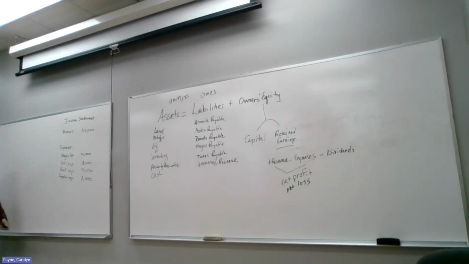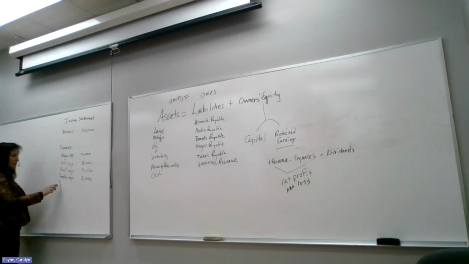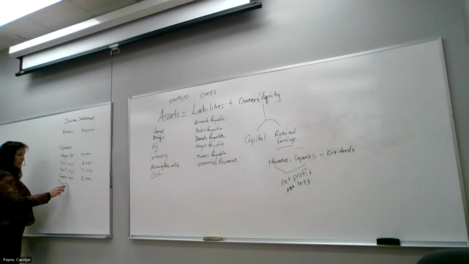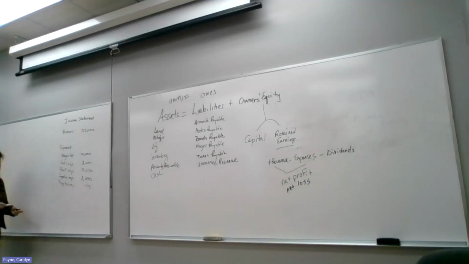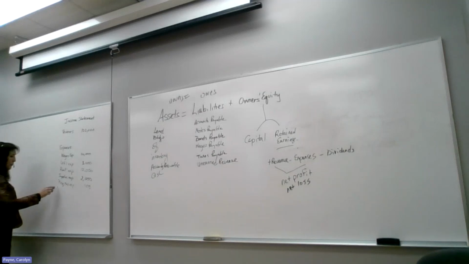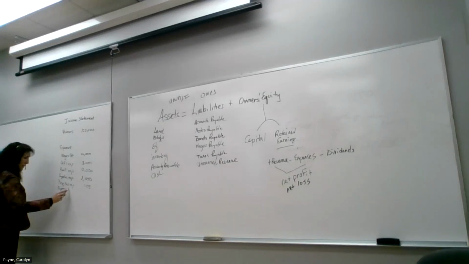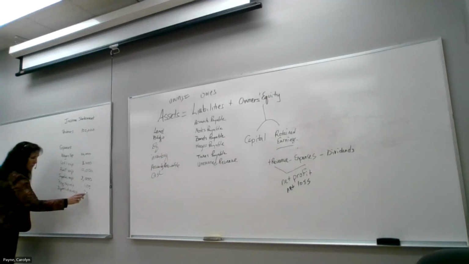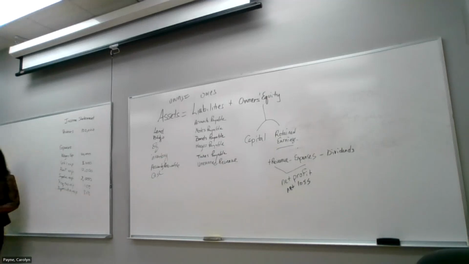What else? I might have some property tax expense. It wouldn't be much because it's just going to be on my equipment if I don't own a building. My equipment depreciates. Does anybody remember the term depreciation expense? It's depreciation expense.